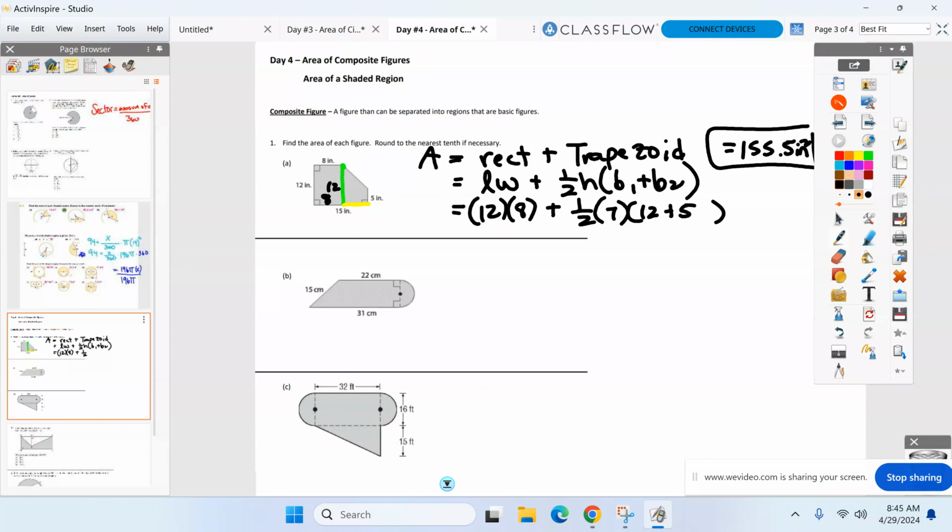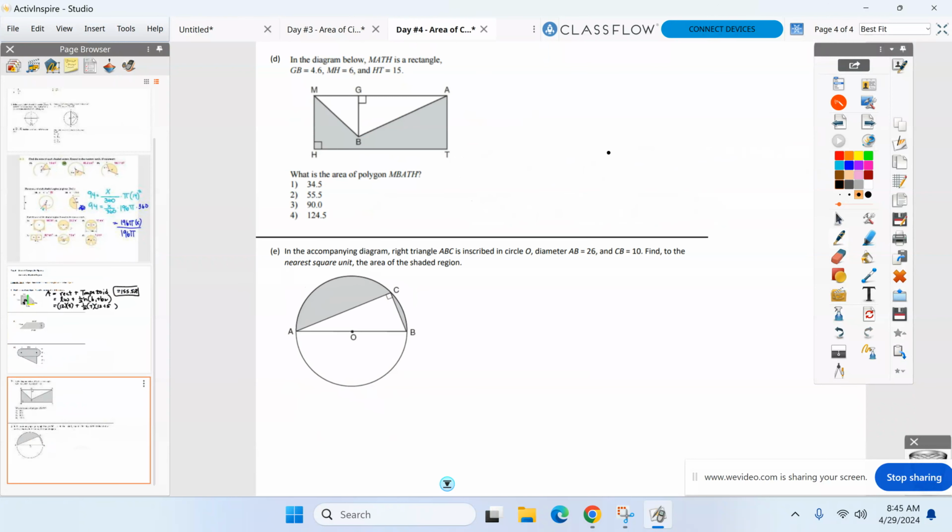All right, the other type of problem we're going to work with today is called the shaded region problem. If you want to go ahead, label that diagram with the given measurements, go ahead.